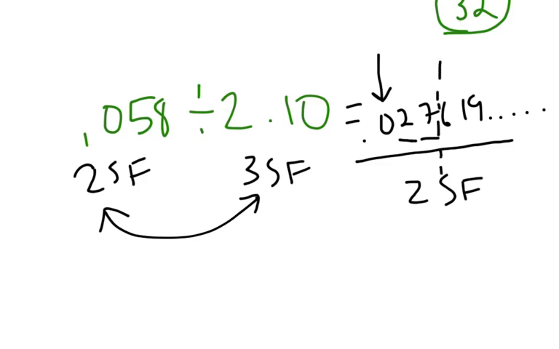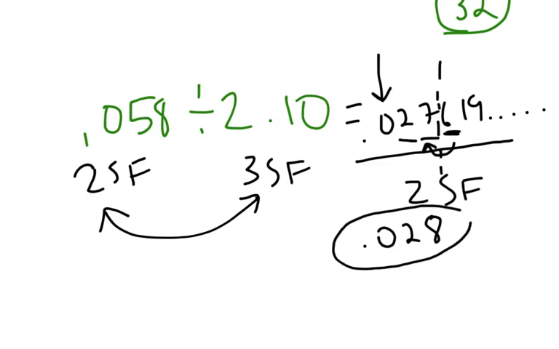Then I draw my line, which means that 6 is the number that determines rounding. And 6 is a number that is going to round the 7 up. So we're going to end up with 0.028 as our answer. So 0.027619 blah blah blah turns into 0.028 for 2 significant figures in that problem.